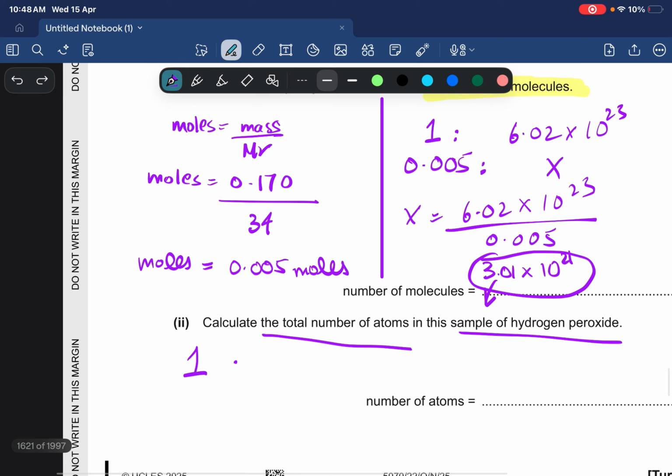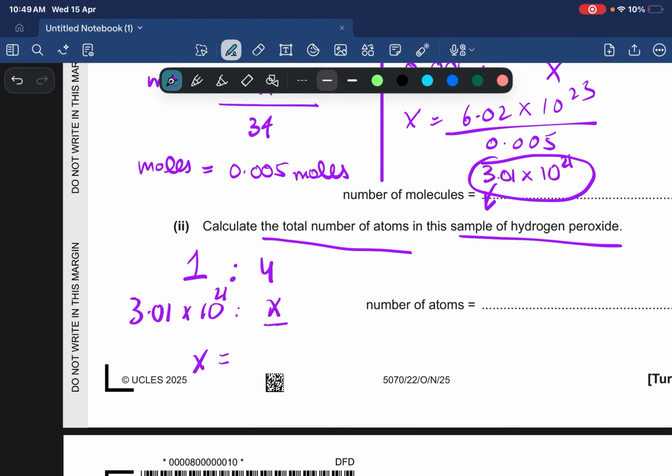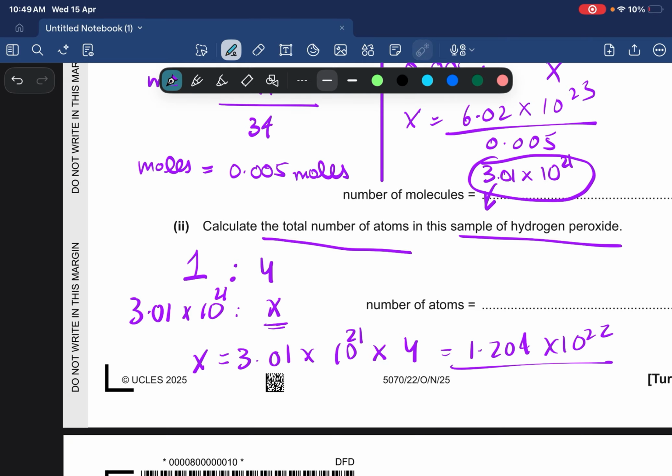So 3.01 times 10 to the power 21 molecules will contain X number of atoms. X equals 3.01 times 10 to the power 21 multiplied by 4, which equals 1.204 times 10 to the power 22 atoms.